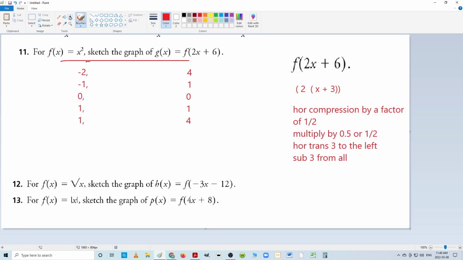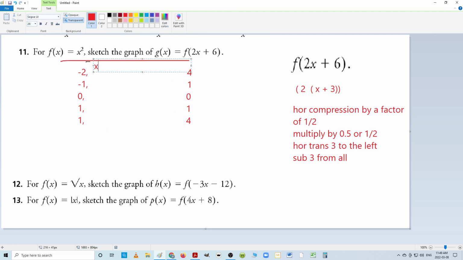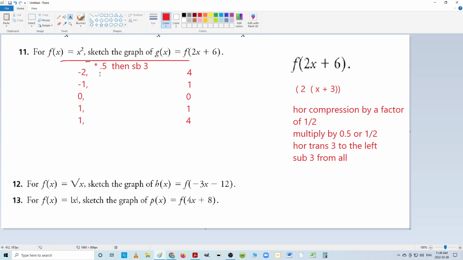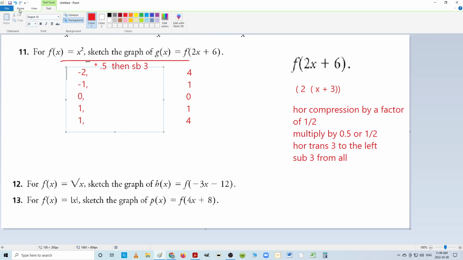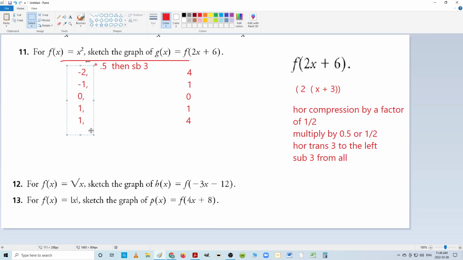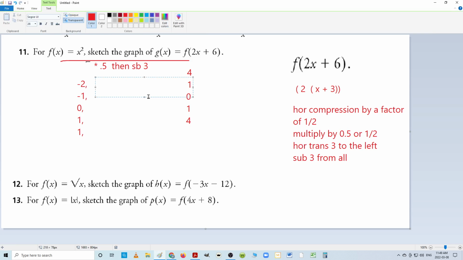Each time they're going to be multiplied by 0.5. And then subtract 3. So I'm going to do the 0.5 first. What's -2 by 0.5? It's -1.